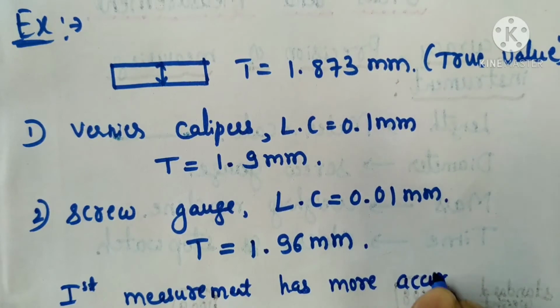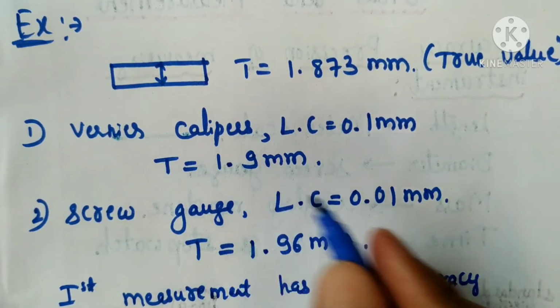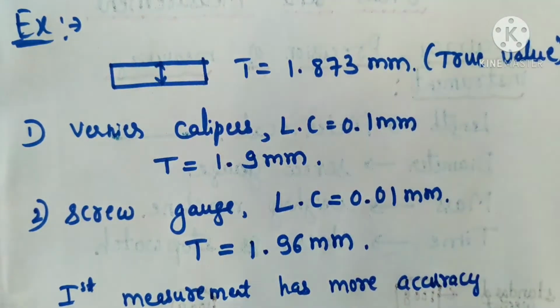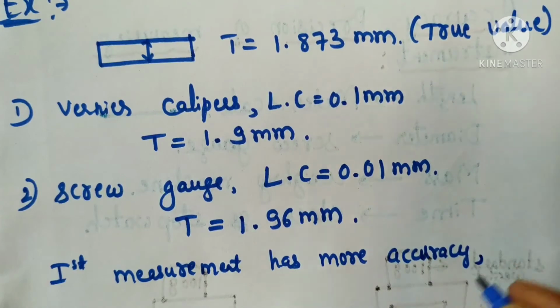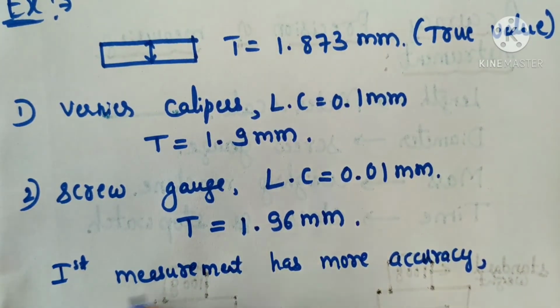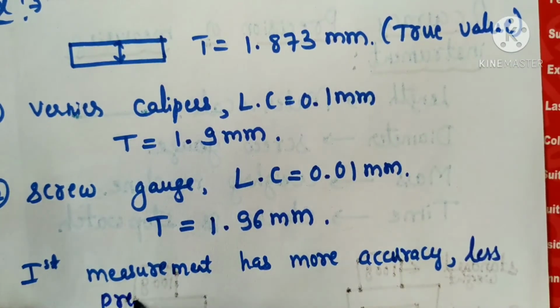Why does it have more accuracy? Because its measurement is very close with the true value, and it has less precision. Why does it have less precision?